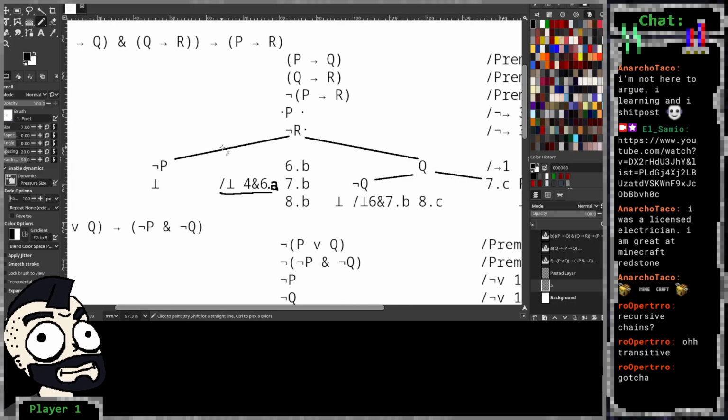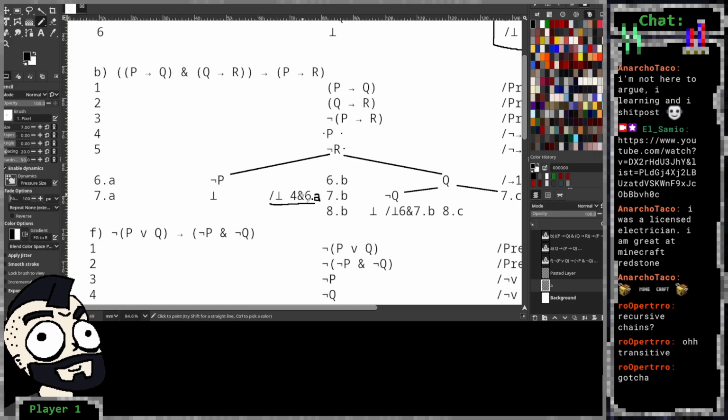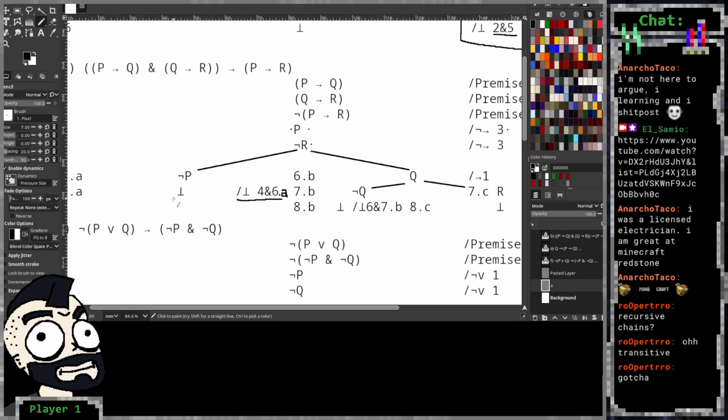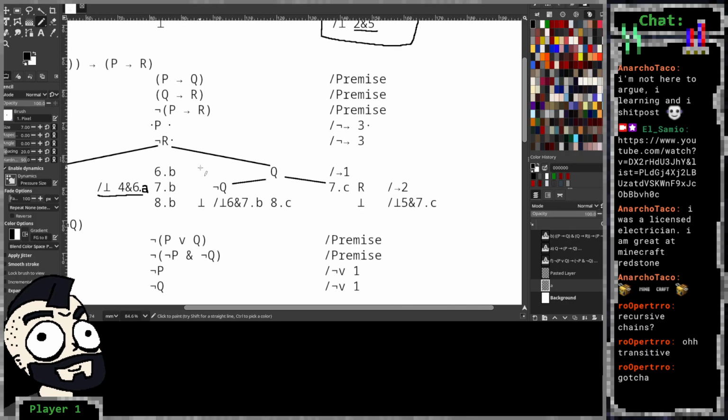There, kind of looks like an A now. 4 and 6.A have a P and a not P. Therefore, that is a contradiction, and I close off this branch.